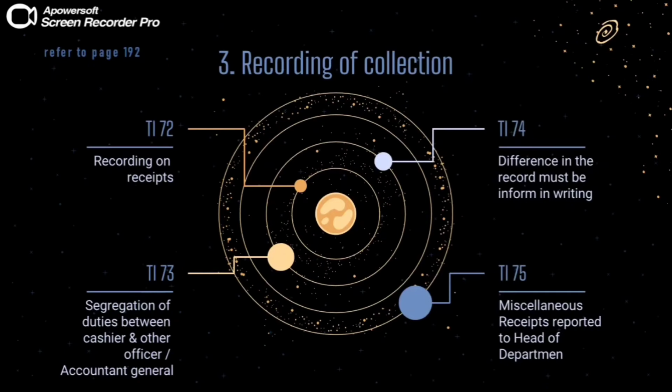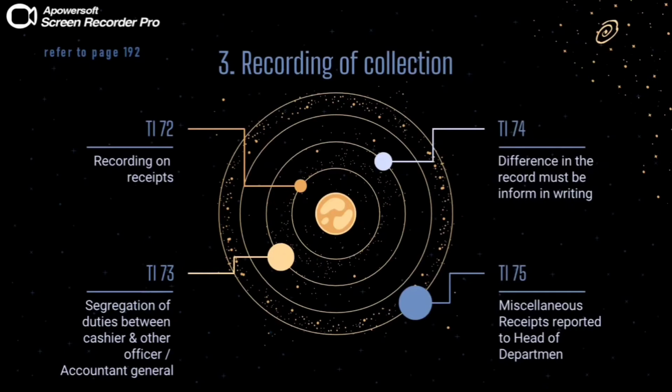TI-74 is about differences in the record that must be informed in writing. In the case of any differences between the amount collected and the amount due, the officer in charge must inform the collector in writing.